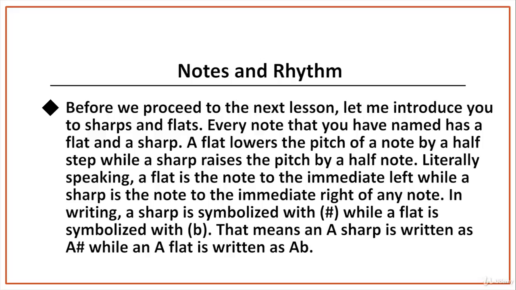Literally speaking, a flat is the note to the immediate left, while a sharp is the note to the immediate right of any note. In writing, a sharp is symbolized with a hash, while a flat is symbolized with a small b letter. That means an A sharp is written as A hash, while an A flat is written as A with a small b.